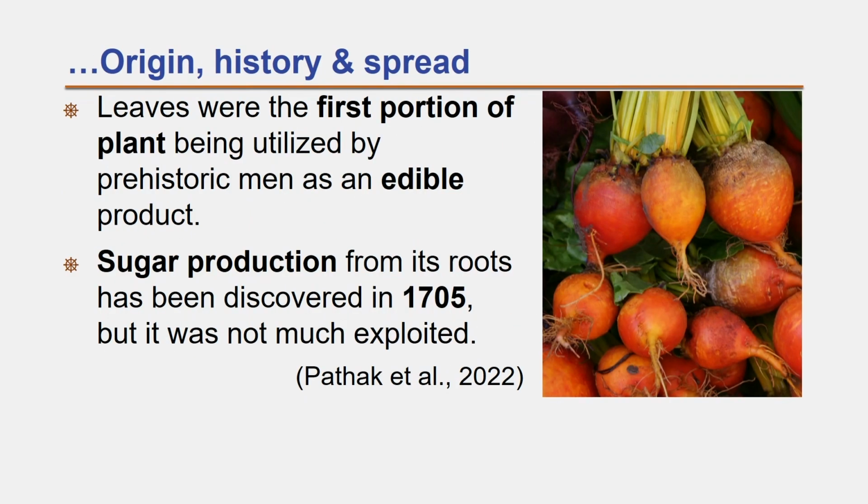Leaves were the first portion of the plant utilized by prehistoric man as an edible product, and sugar production from its roots was discovered in 1705, but it was not much exploited. So human beings recognized the sugar content of its root at a very late stage.